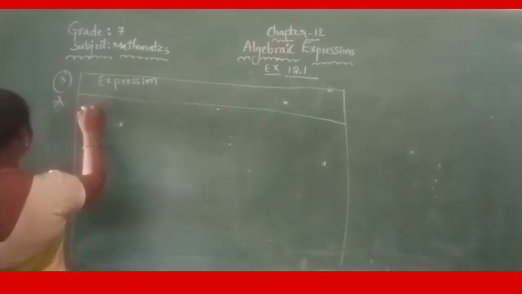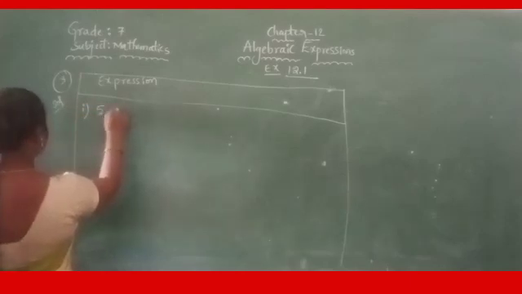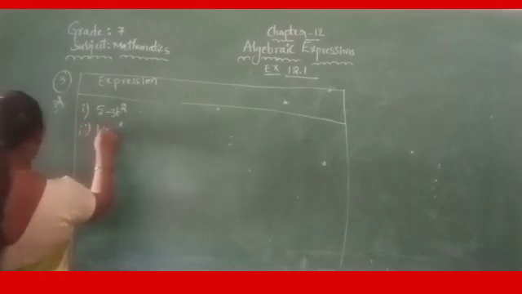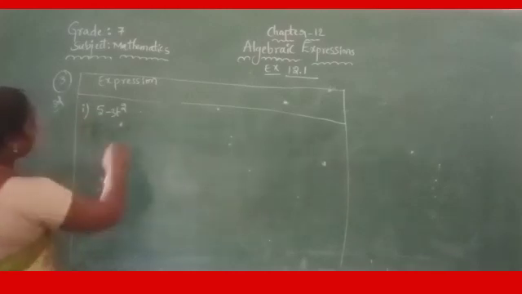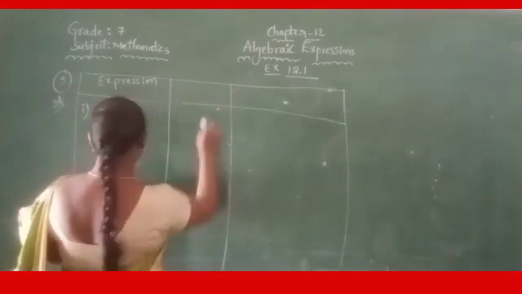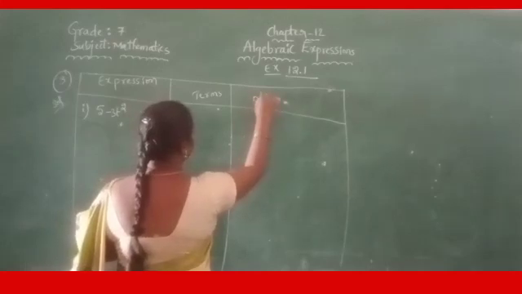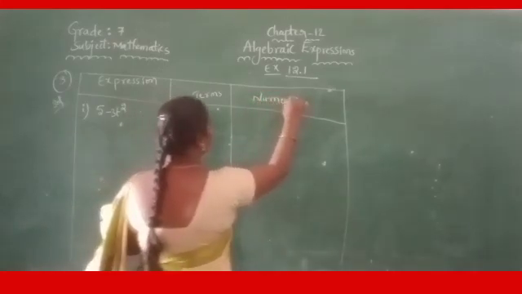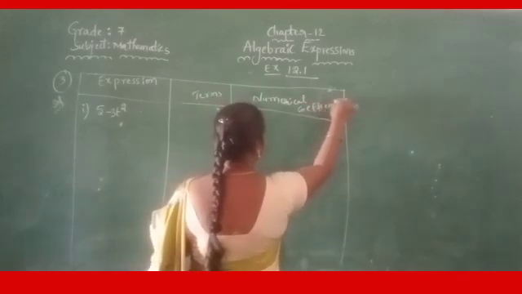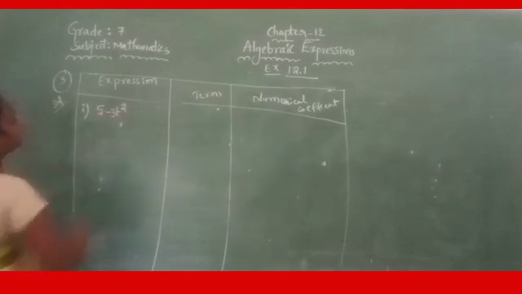First expression: 5 minus 3t square. Second expression: 1 plus r. One by one we will find. So write first the terms and the numerical coefficient. We have to find here the numerical coefficient. Very good. So the first expression is 5 minus 3t square.